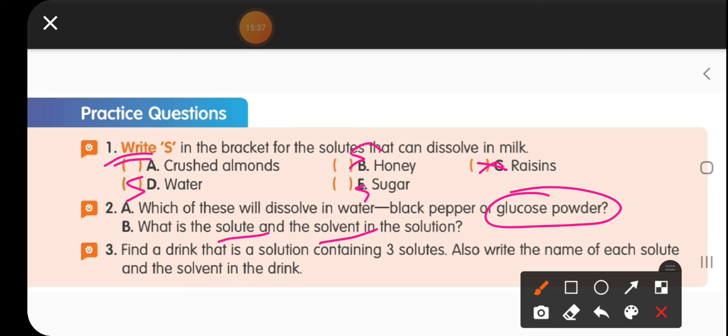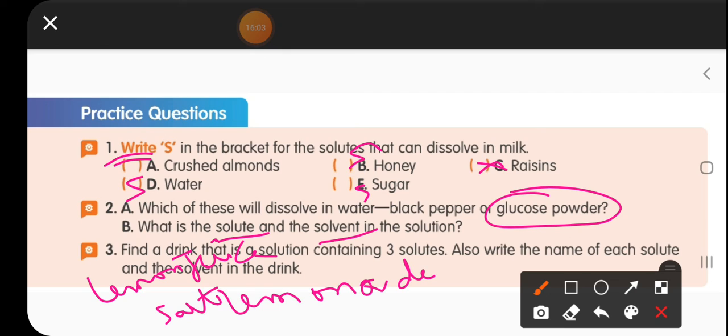Now find a drink that is a solution containing three solutes, and write the name of each solute and solvent in the drink. The best one we prepared is a lemonade solution, where lemon juice is one solute, salt another solute, and sugar another solute, and these three are mixed in a solvent, that is your water.